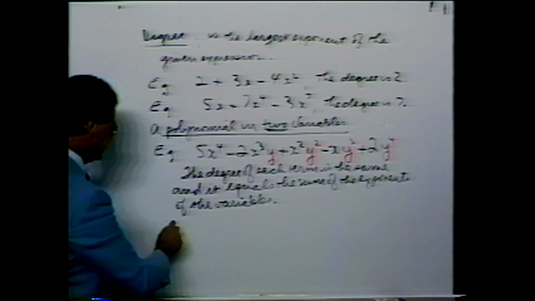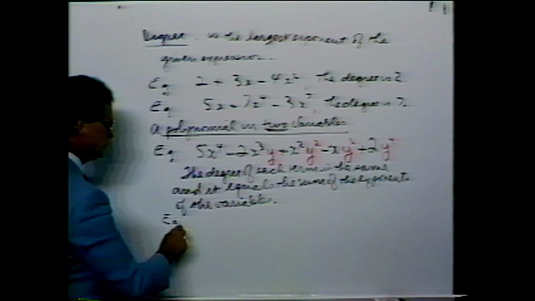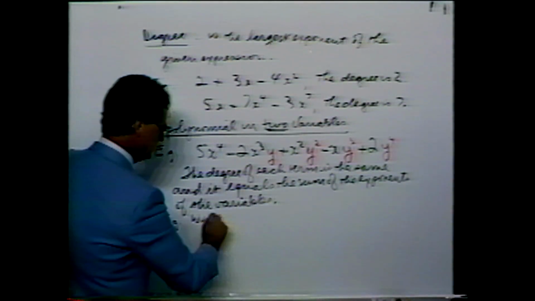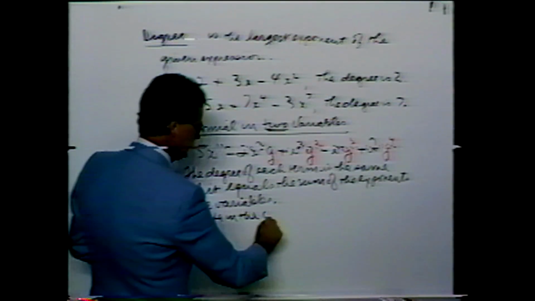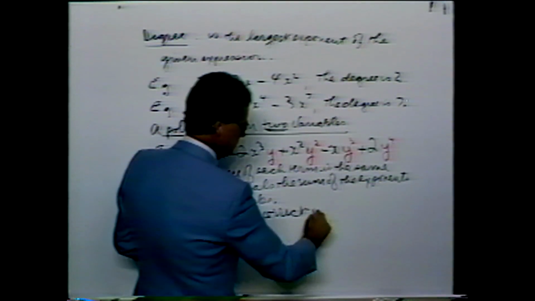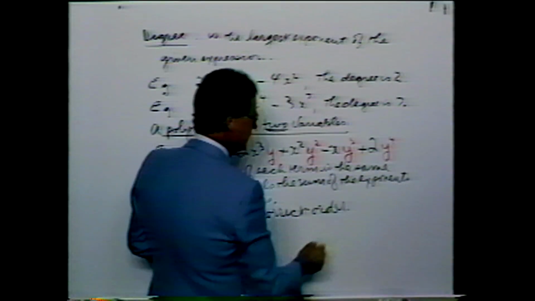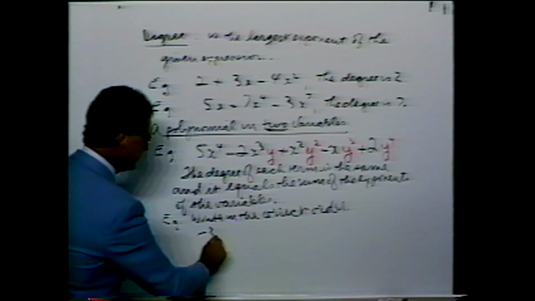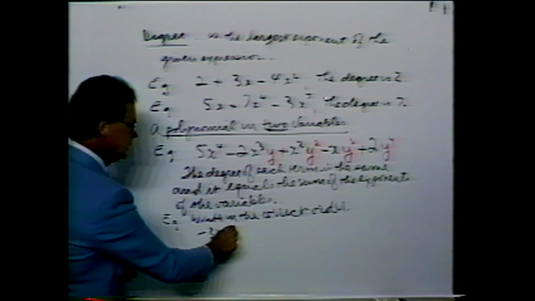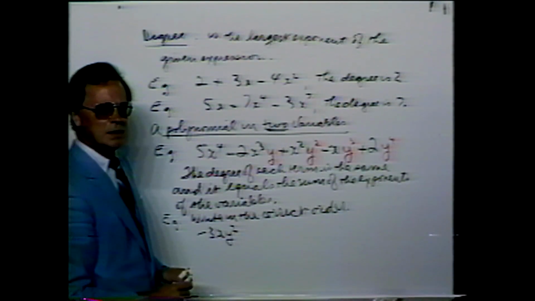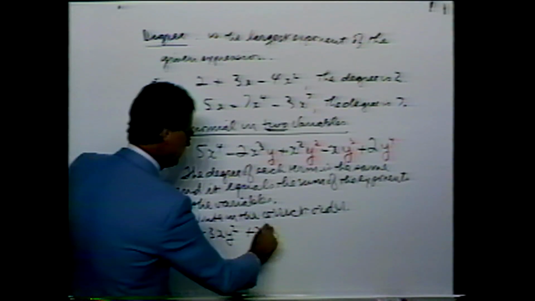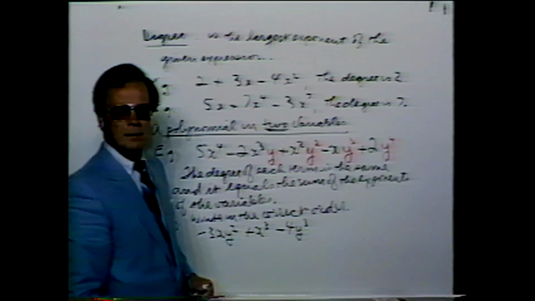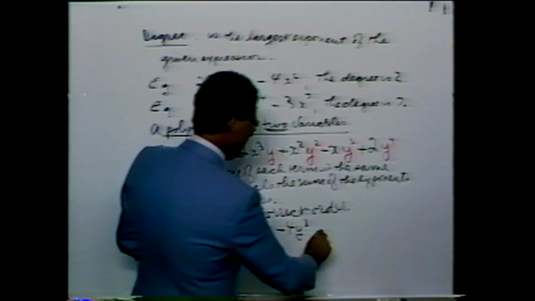Here are other examples. I want you to write in the correct order. This polynomial in two variables, minus 3xy squared plus x cubed minus 4y cubed and plus 7x squared y.